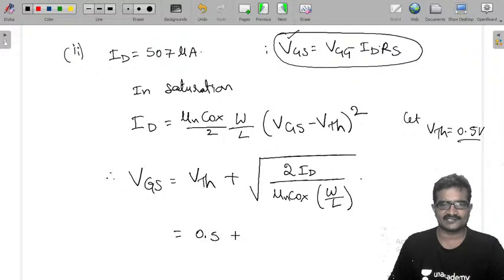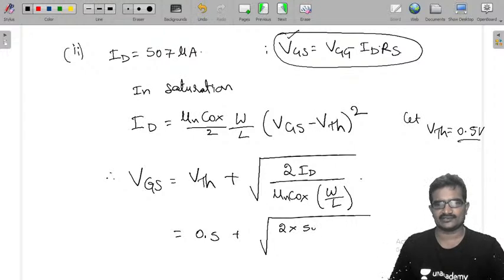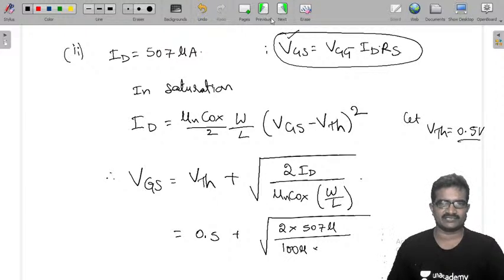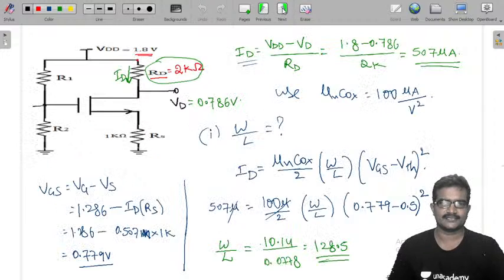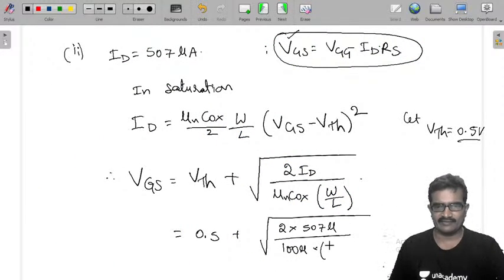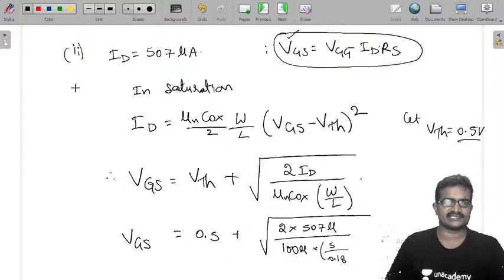So VGS is 0.5 plus square root of 2 times ID, which is 507 micro, divided by mu n COX 100 micro into W by L. They gave the specific value of W by L, that is 5 divided by 0.18. That is the VGS.